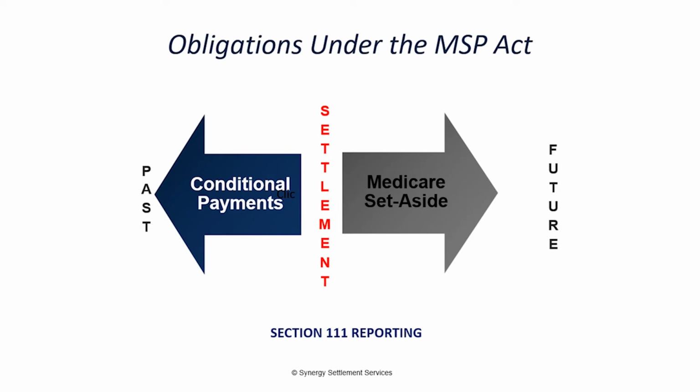Since Medicare is prohibited from making payment when payment has been made, which is what the settlement is actually considered in the eyes of Medicare, you have to consider whether there's going to be any post-settlement injury-related treatment. And that is a consideration of Medicare's interest in the future medical in the claim.